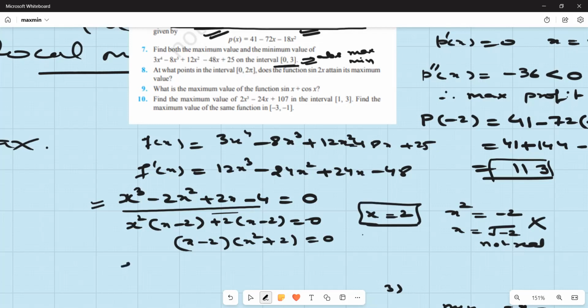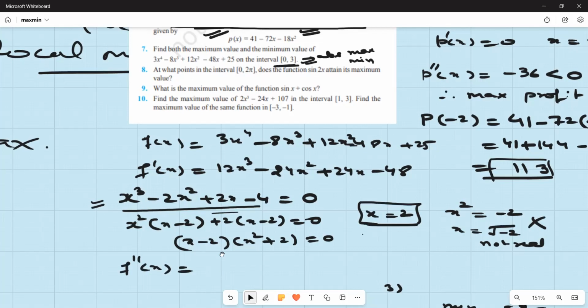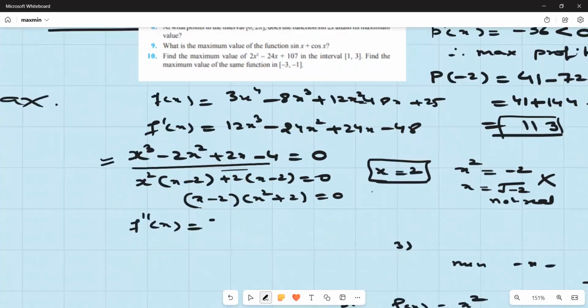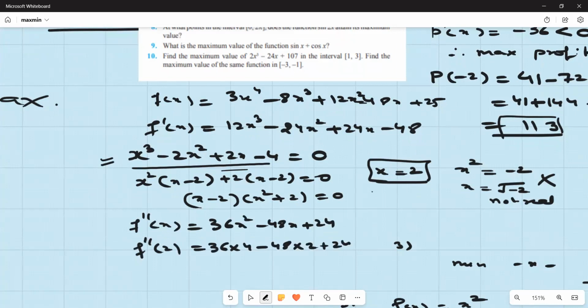Now the second derivative test. f double dash x will be 36x square minus 48x plus 24. If I put x equal to 2, f double dash 2 will be 36 into 4 minus 48 into 2 plus 24, which is 144 minus 96 plus 24.